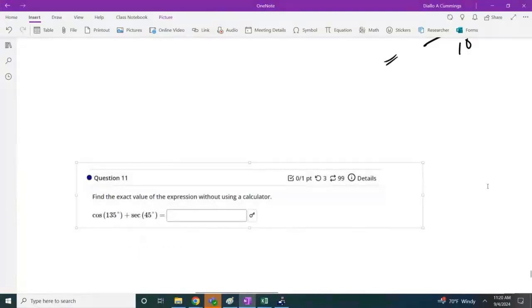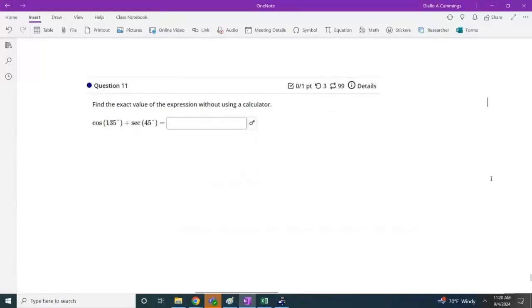So we're actually to find the cosine of 135 plus the secant of 45. So I'm simply going to pull these two values from the unit circle function values, and I'm basically going to add them together.